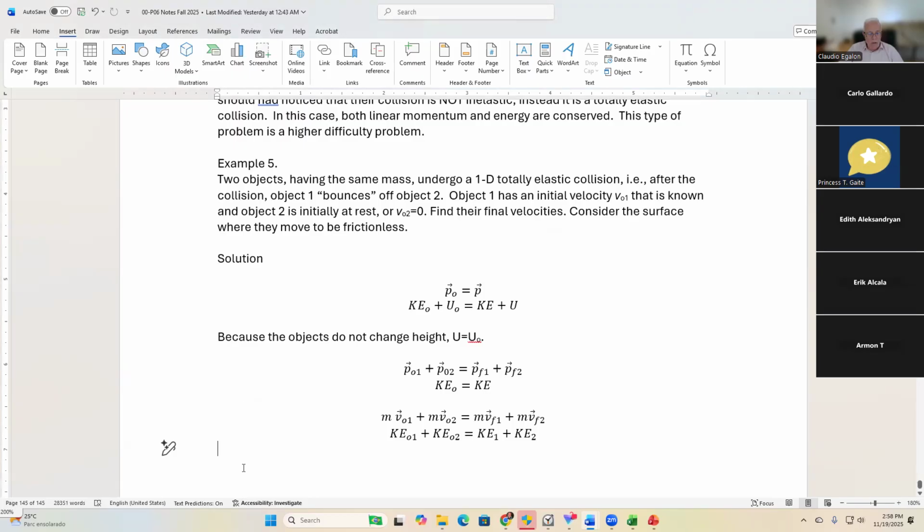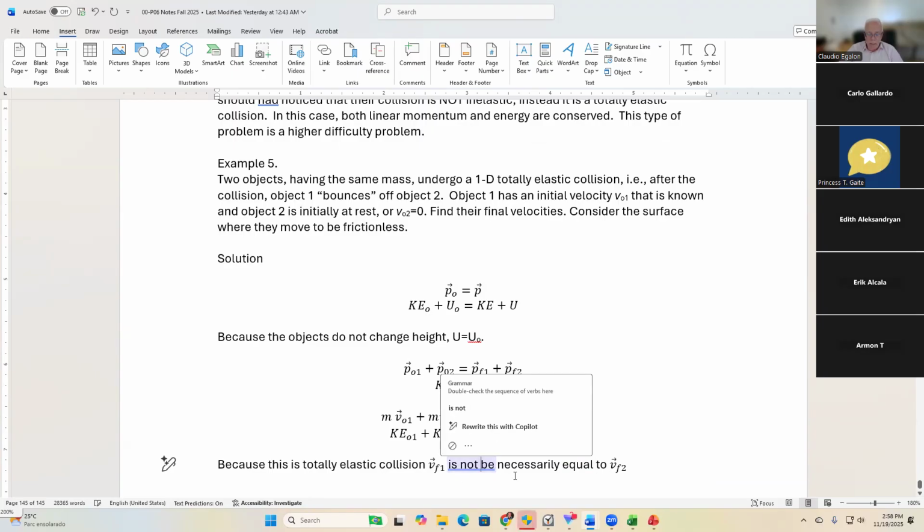Because this is a totally elastic collision, V final 1 will not necessarily be equal to V final 2. They are equal only in the case of an inelastic collision.